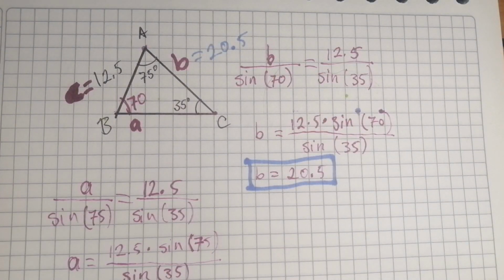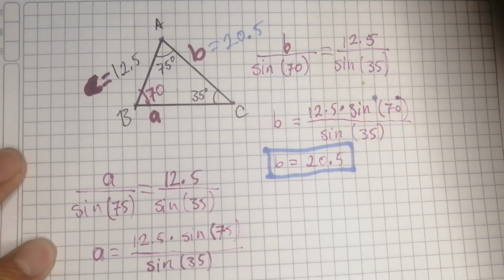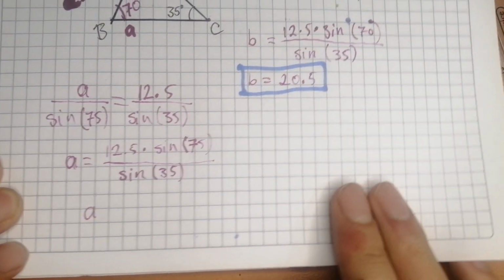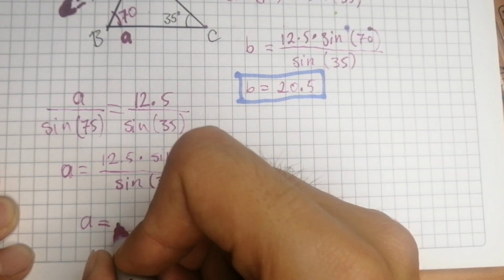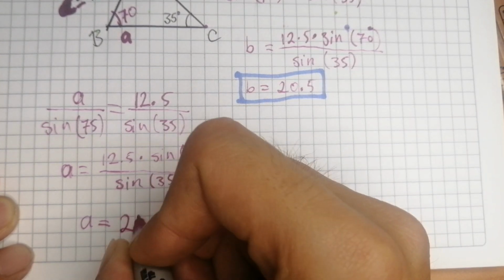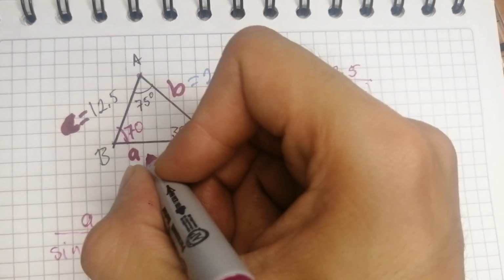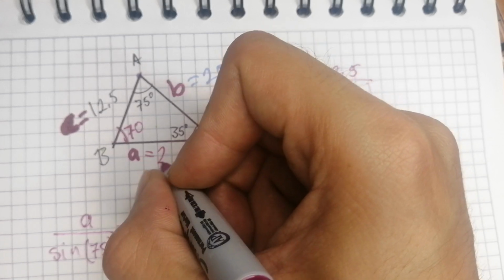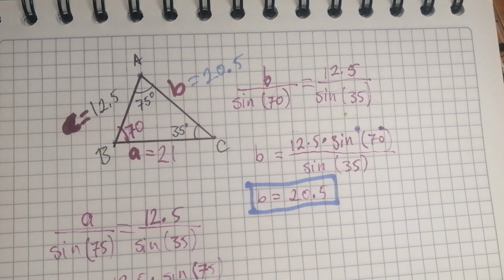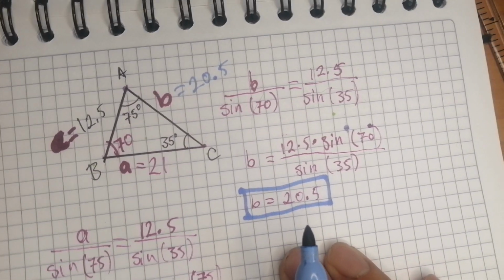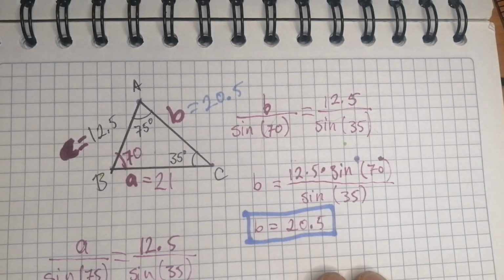So lowercase a is equal to 21. That's the value of our side, lowercase a. And in that way, as you can see, we got all the answers, or we solved all the unknowns from this triangle that I had over there.